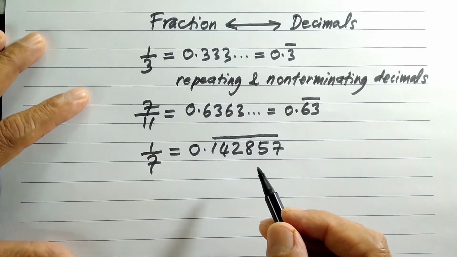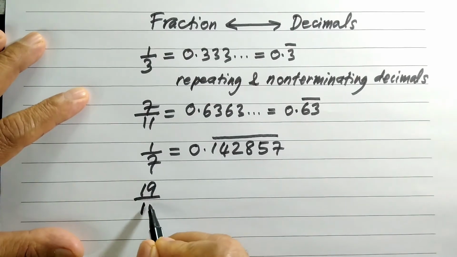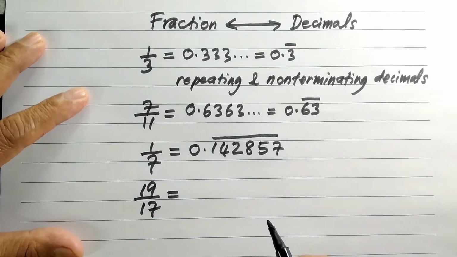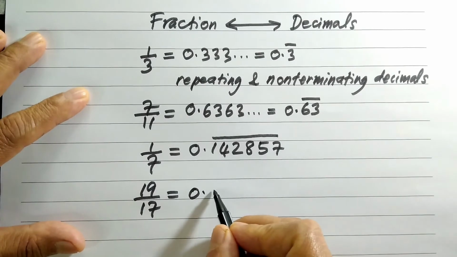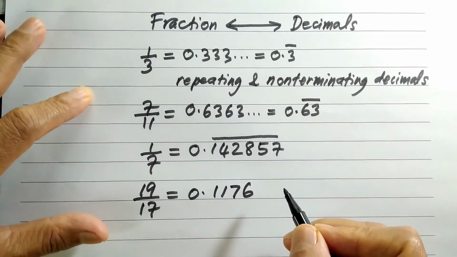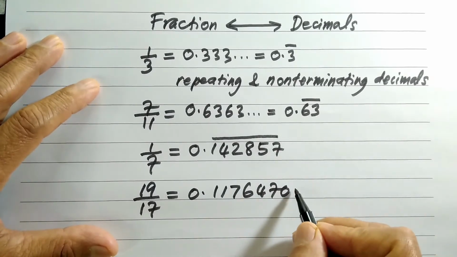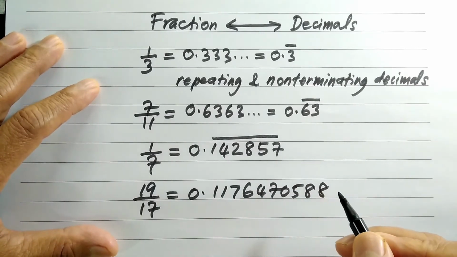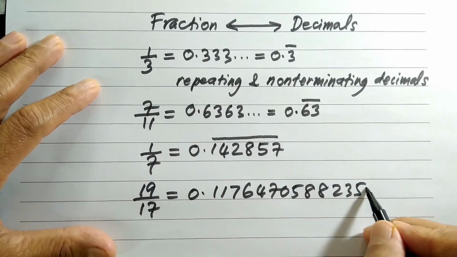There is another one that is even more interesting, that is this number, 19 over 17. If we convert it into decimal by using maybe a computer, not our calculator, because it won't be able to give all these numbers, it is equal to 0.1176470588235294.